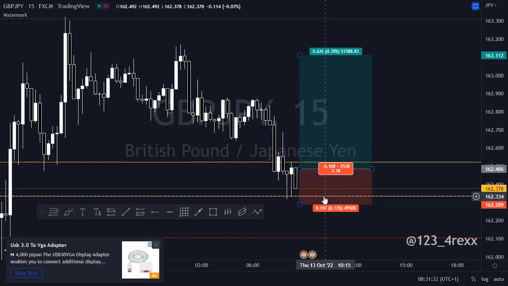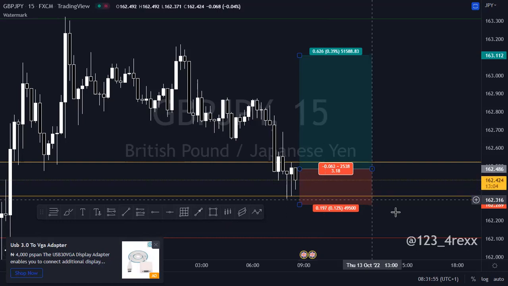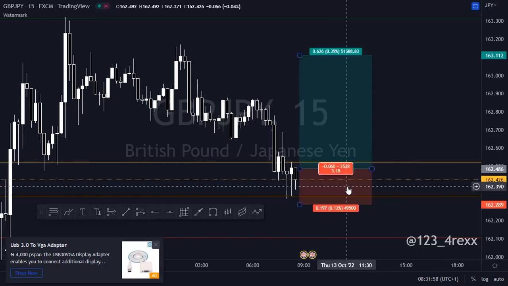What's the SL on this trade? 1.34 with stop loss of 1.62, 0.289. So, bye markets. I just entered GBP JPY.